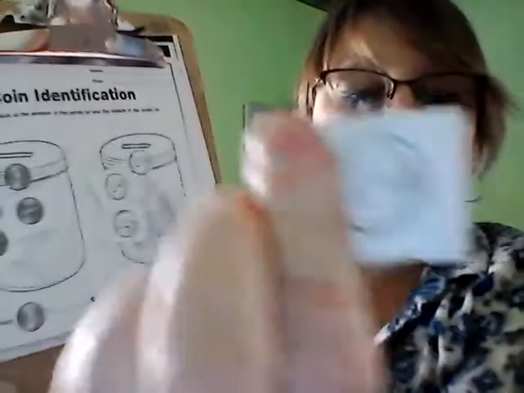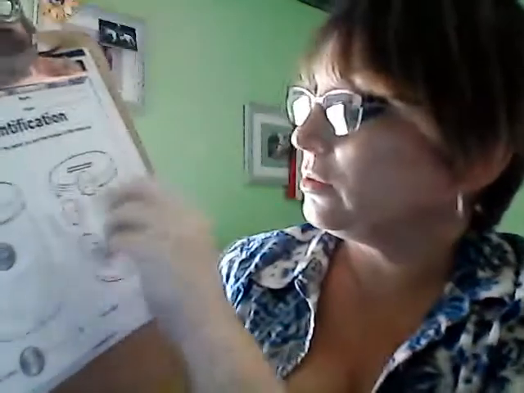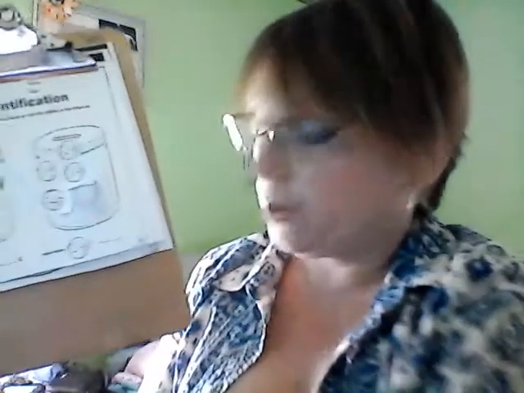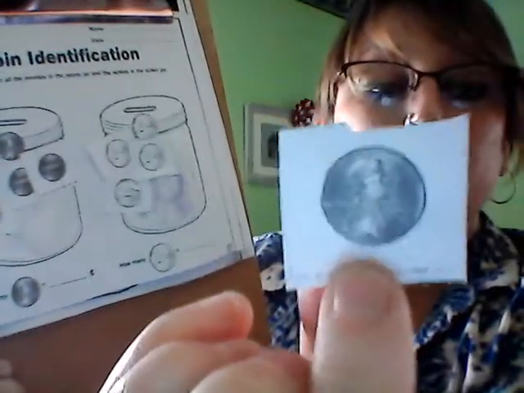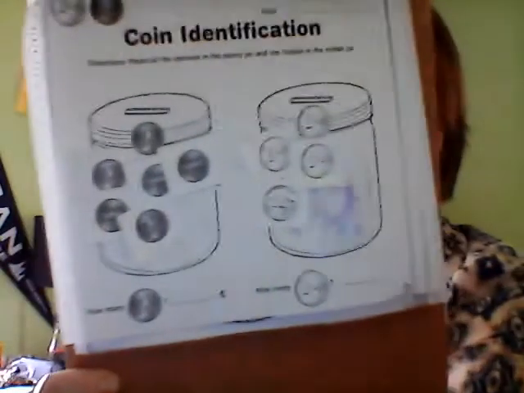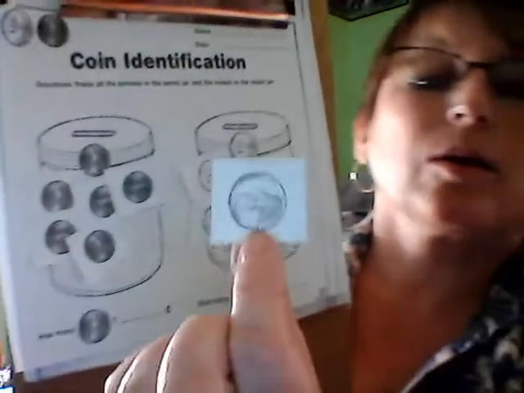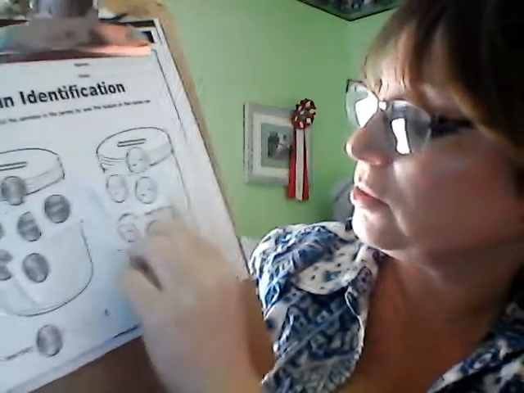Back of it. This is the front of a nickel. Put that in the nickel jar. Back of a penny. Put that in the penny jar. Front of a penny. That goes in the penny jar. Back of a nickel. That goes in the nickel jar.